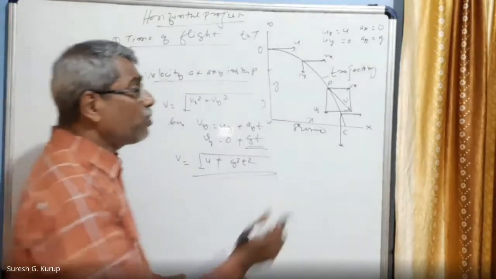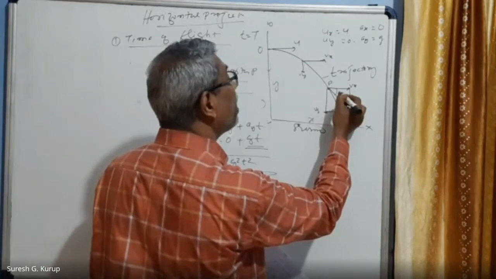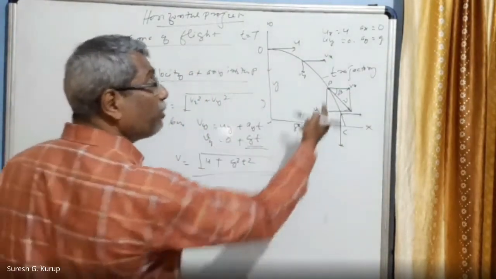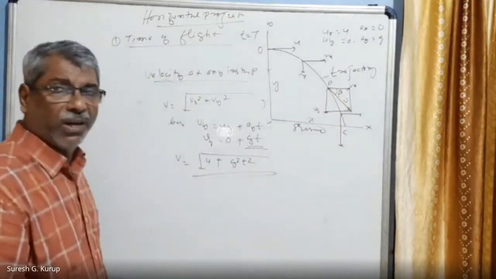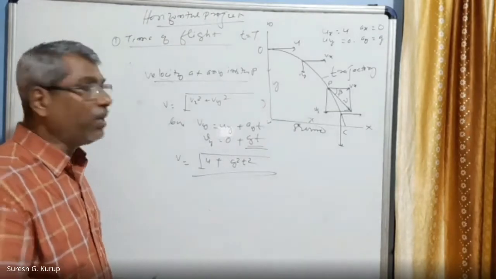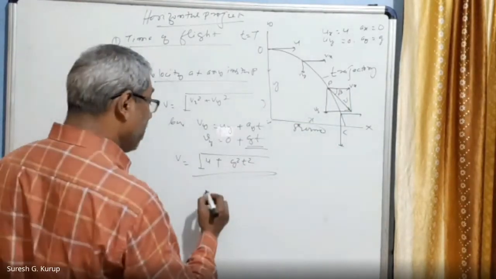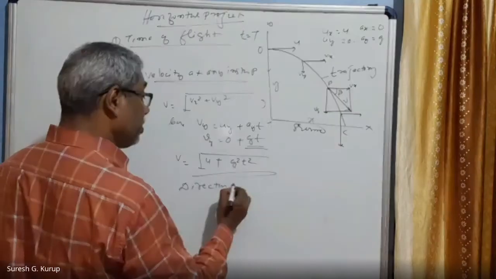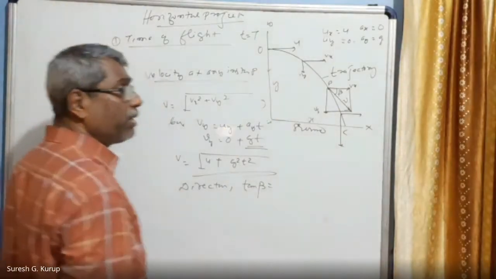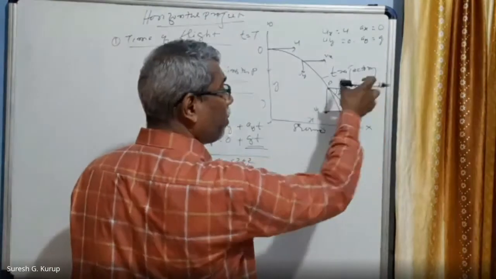Suppose this total velocity of the body at any instant makes an angle beta with the horizontal component. Then the direction of the velocity at any instant can be calculated. To calculate the direction, we take tan beta. If it is alpha, you would take tan alpha; I took it as beta. Direction is given by tan beta is equal to perpendicular by base.